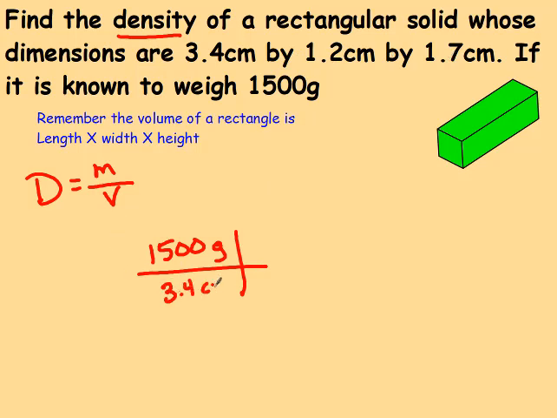So 3.4 centimeters, 1.2 centimeters, and 1.7 centimeters. I don't have to have anything on top. So my volume, I used length times width times height. And so I just plugged in that equation.